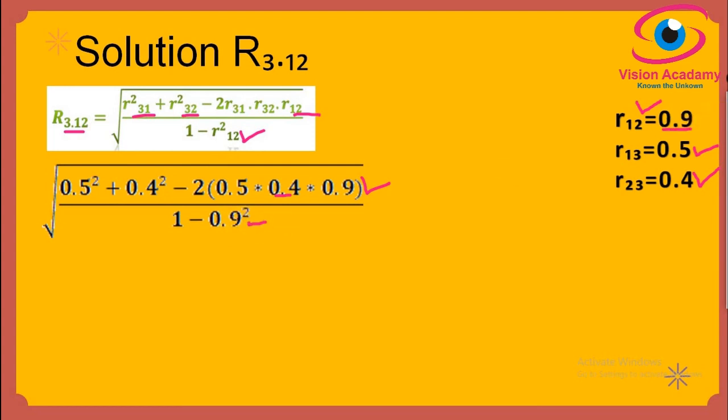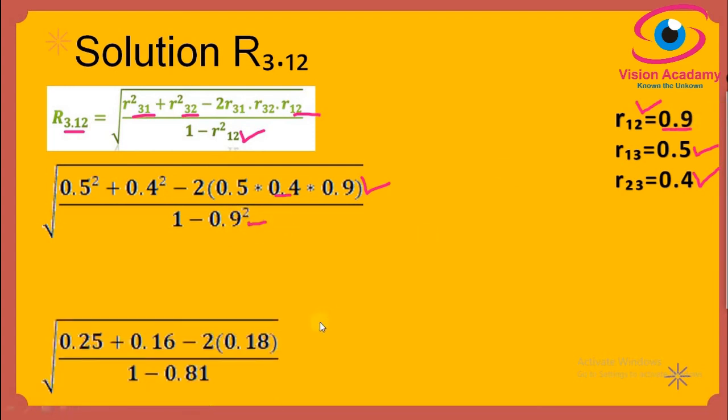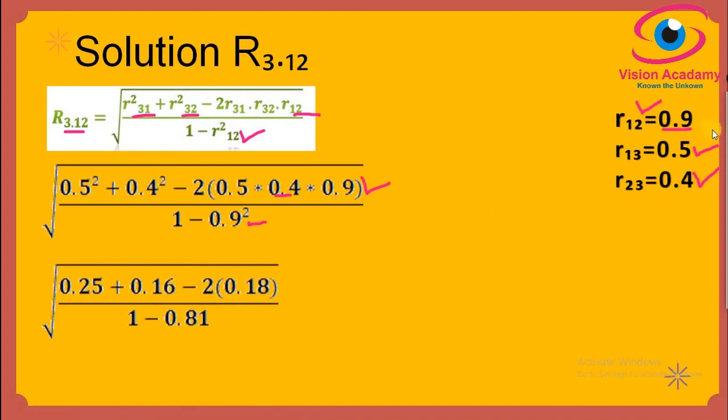So let us simplify this after replacing the zero order correlation coefficient values in the formula. 0.5 into 0.5 will be 0.25, 0.4 into 0.4 will be 0.16, and 2 into 0.5 into 0.4 into 0.9 will be 0.36.